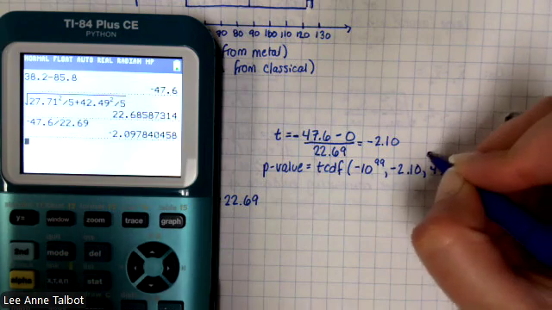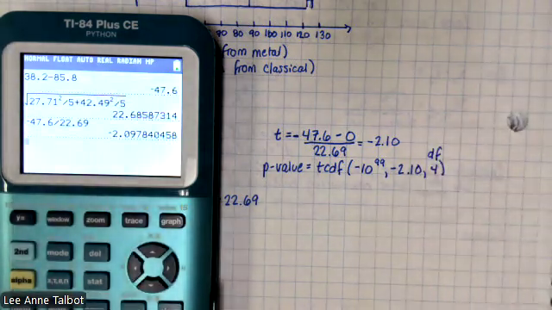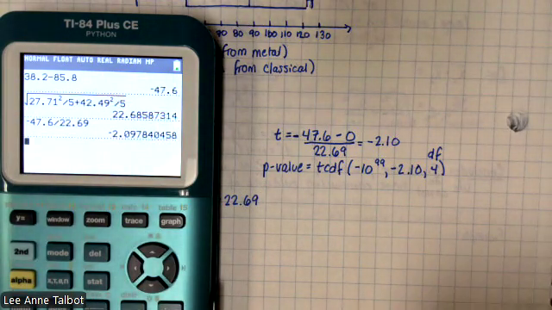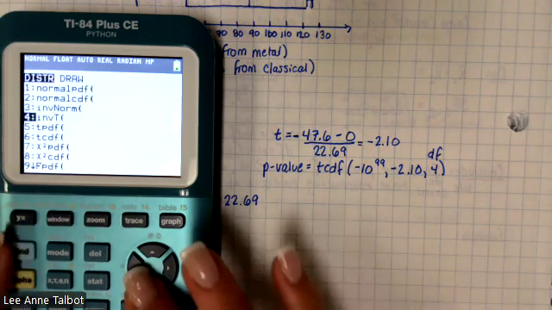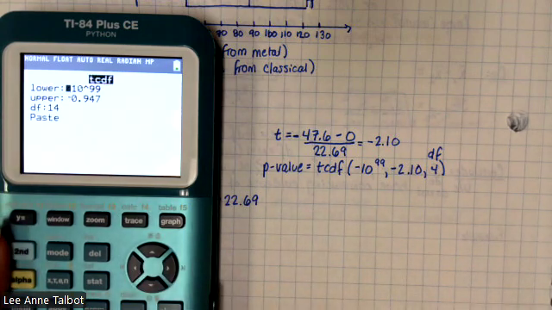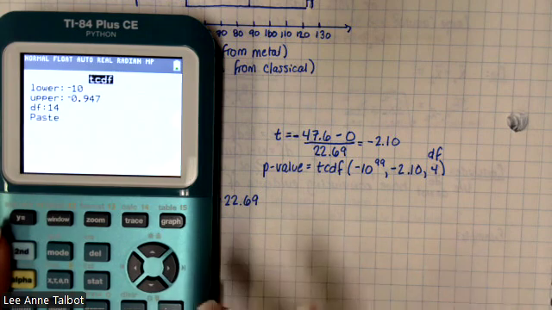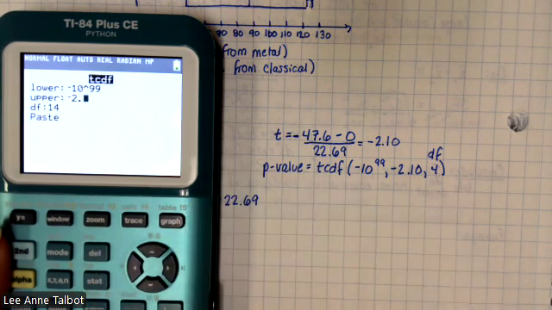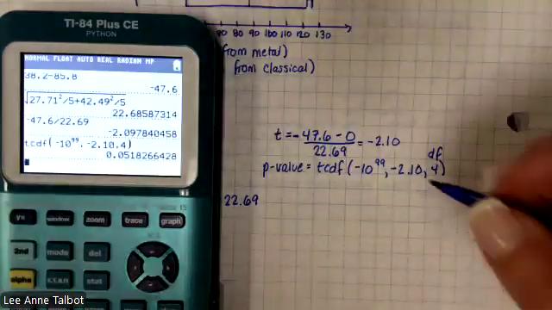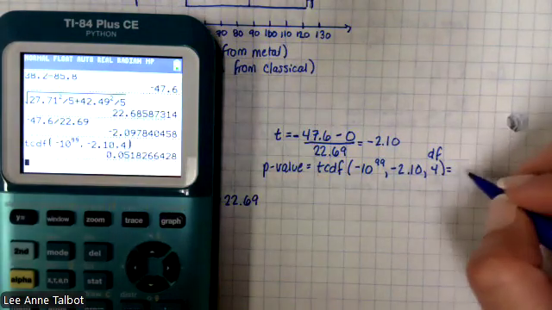Degrees of freedom is 4. Oh, I just typed over top of that. Oh no, that's so sad.